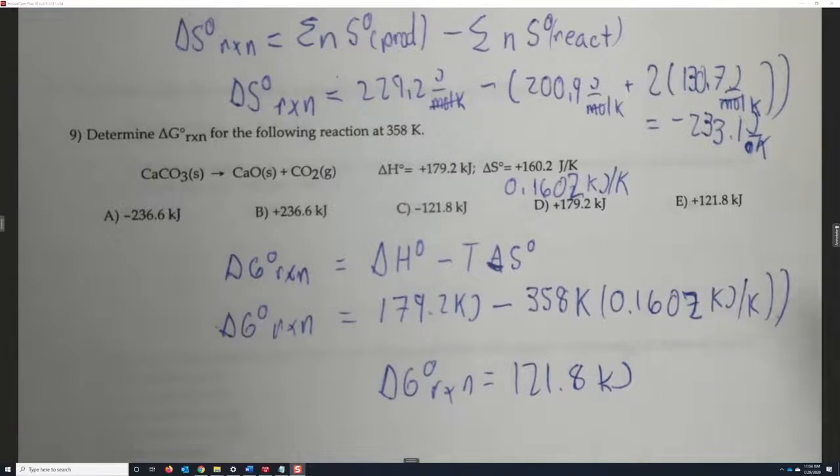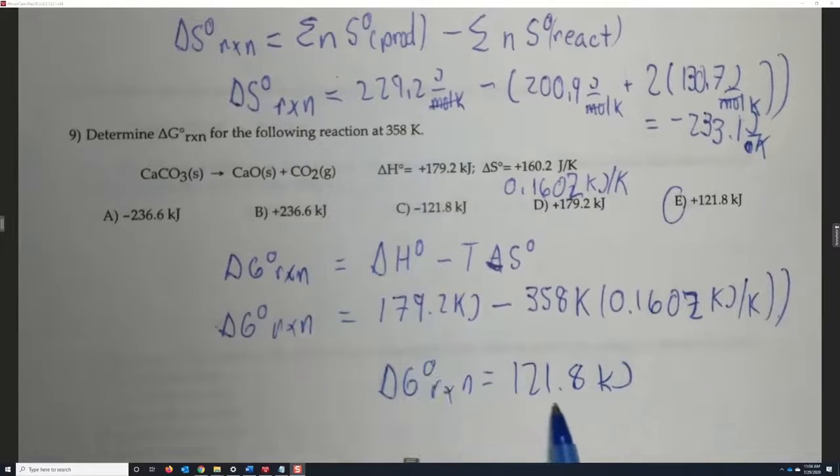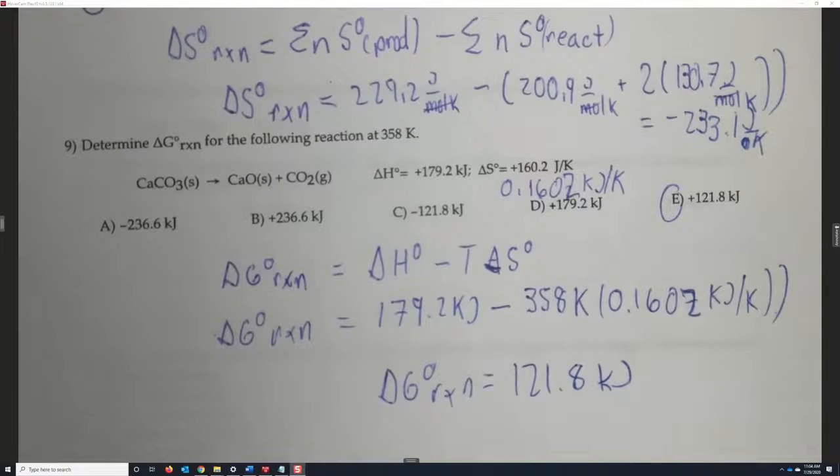So what we find is that this is not a high enough temperature for this to be spontaneous, because this is a positive value. So we would need a higher temperature in order for this to be a spontaneous process.